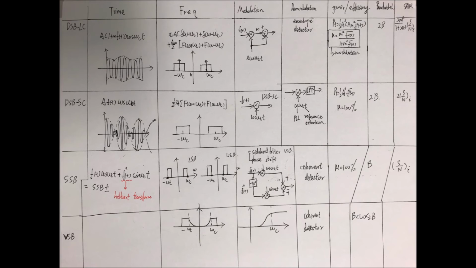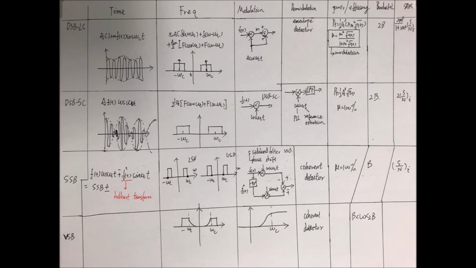First, I want to talk about the time domain. What does it look like, and how can we express it in an equation? So this is the equation for double sideband large carrier, with time t.